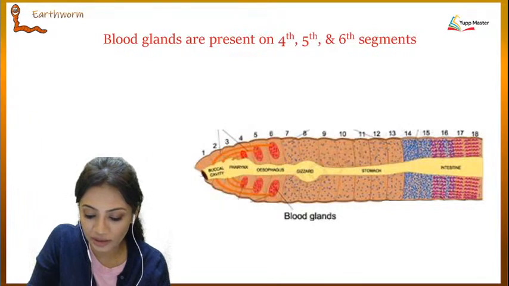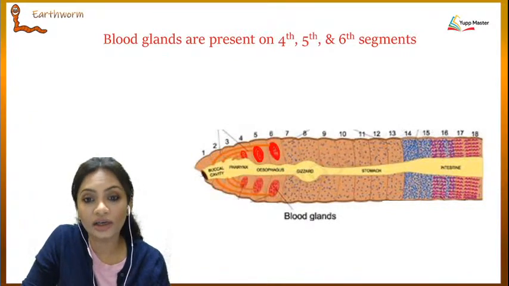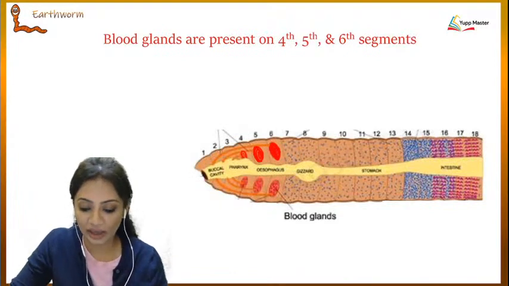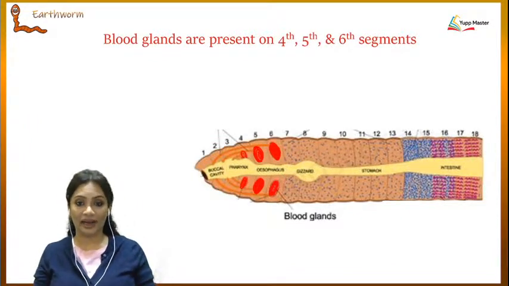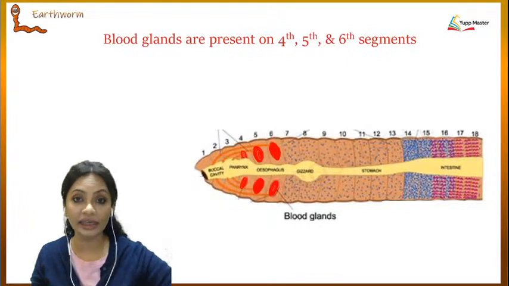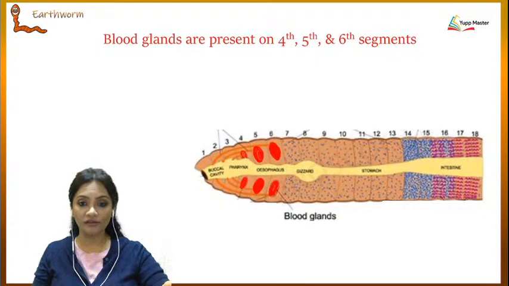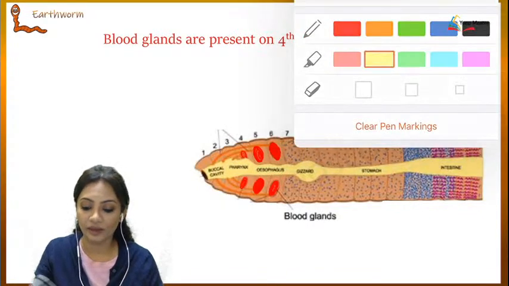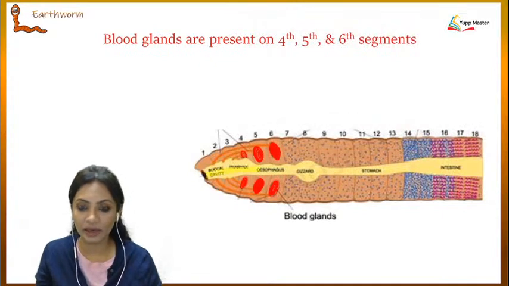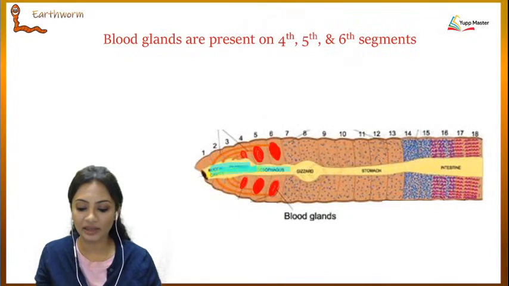Can you see here? This is one, this is the second gland, okay, and this here is the third gland we're talking about. Okay, so there are pairs of them on the other side as well. So whenever we're talking about pairs in the earthworm, like a little while back I told you that there were pairs of hearts, right? So always those pairs are located one on one side of the, if you can see here in this diagram, then you can identify that this part here is the digestive system.